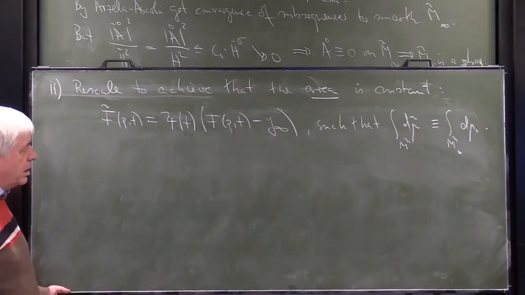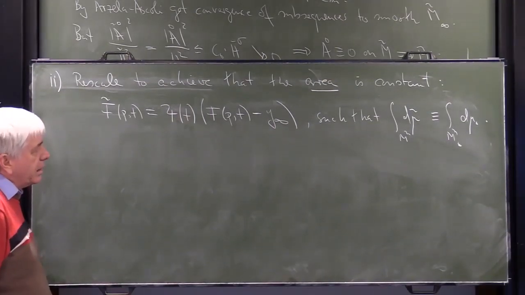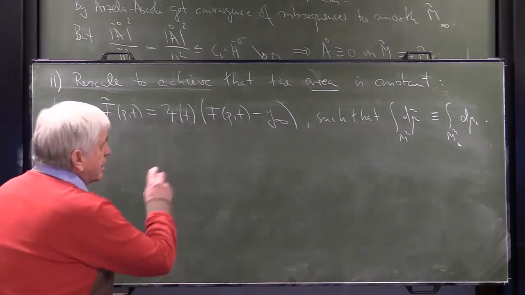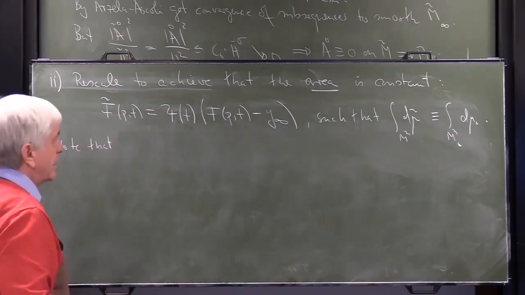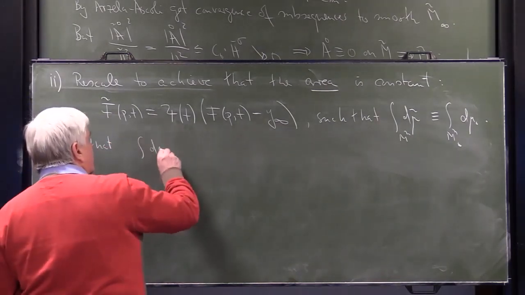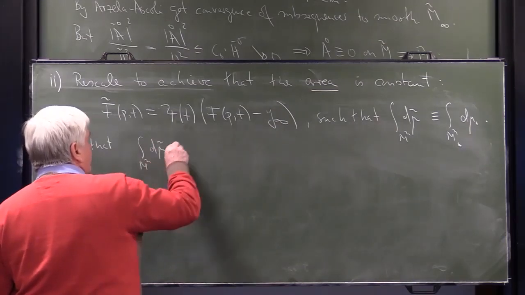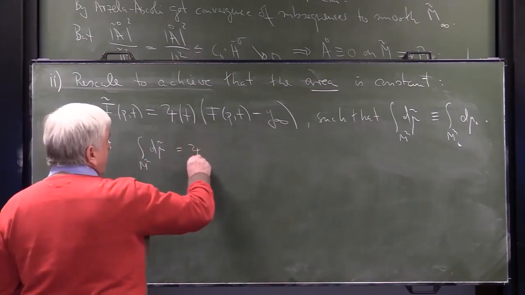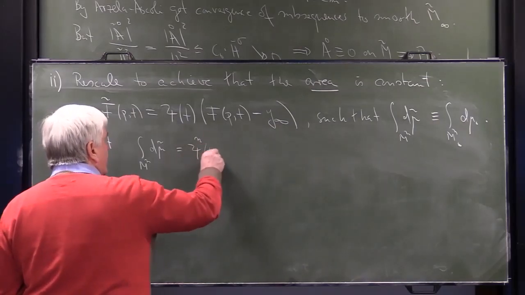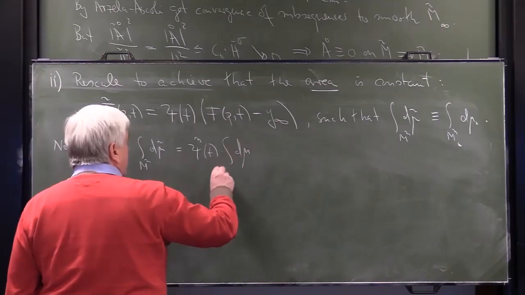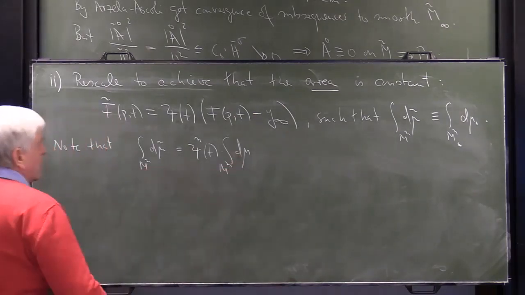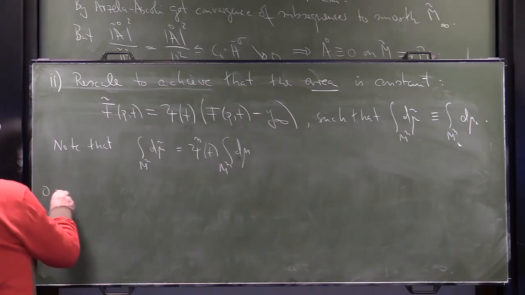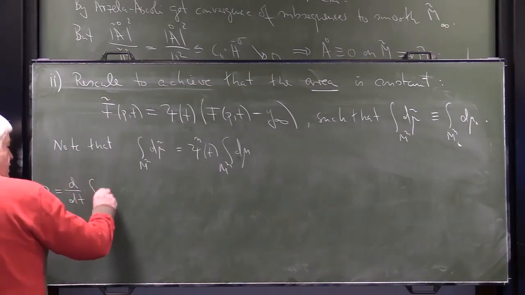Now, since the area of the rescaled surface is obviously psi to the n times the area of the real flow, we get that 0 is d/dt of the integral d mu tilde.